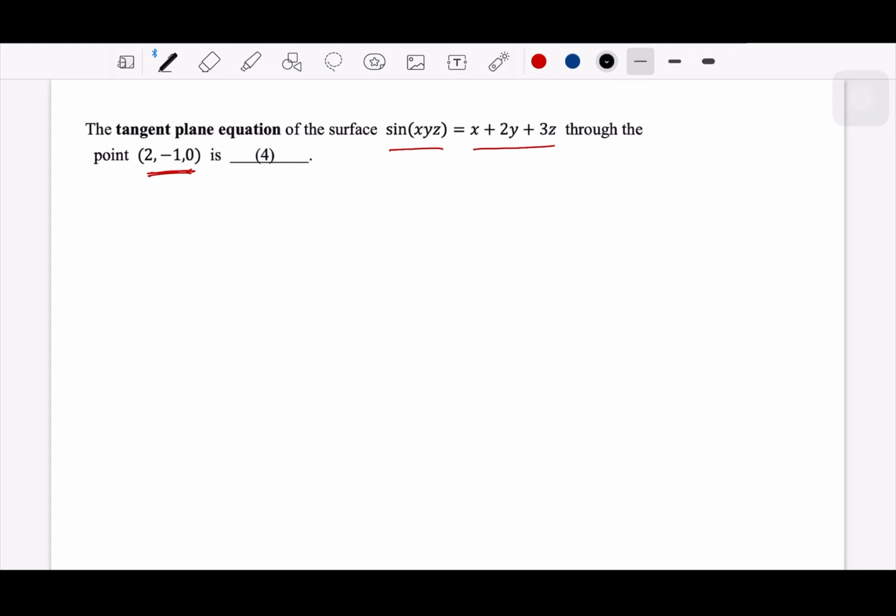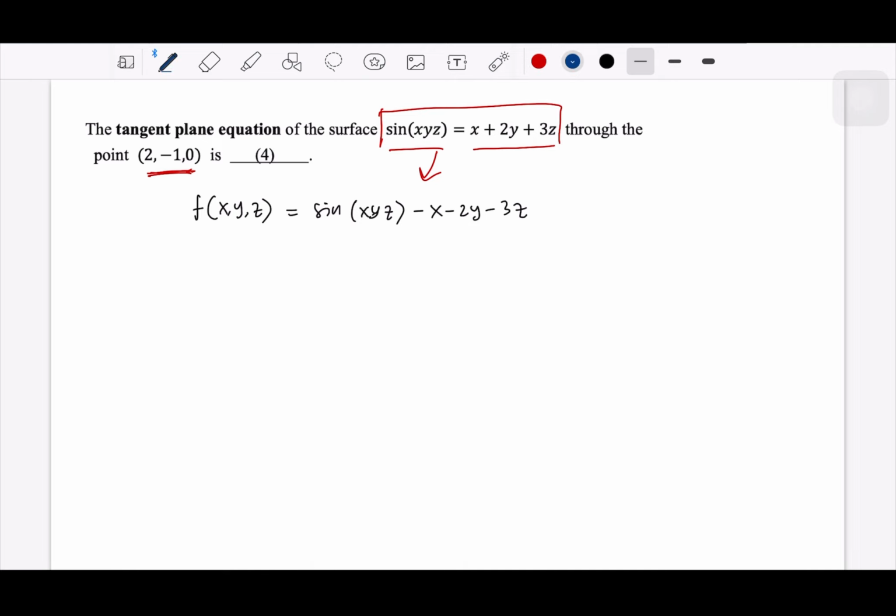Now first we need to set up the function. Since we already learned about the gradient vector, I think it will be very nice if we set up the whole function. Oh, sorry, it's not x, it's x, y, z, and then we can set up the function as this one. So the whole thing from the beginning here, we are setting it as a function of three variables.